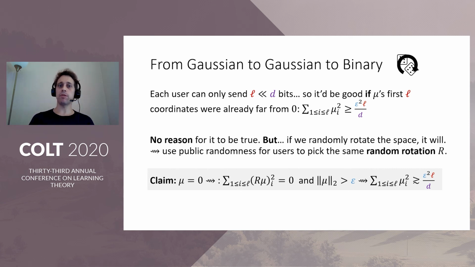But if we randomly rotate the space, then with high probability, some significant portion of that discrepancy will be in the first L bits of the observation, which is great because we have public randomness, that shared random seed. So the users can use that to pick the same uniform random rotation of the domain, independently of everything else, and then apply that same rotation to all their observations.